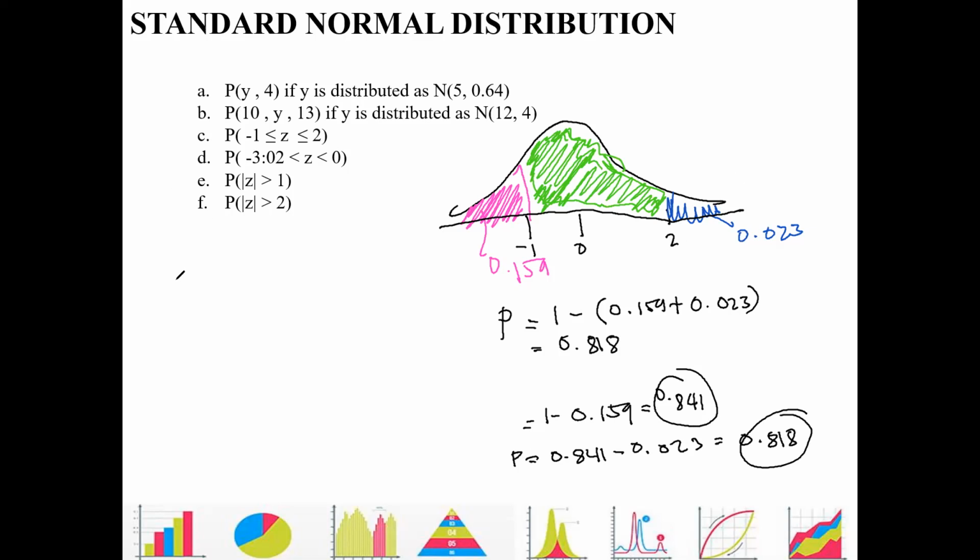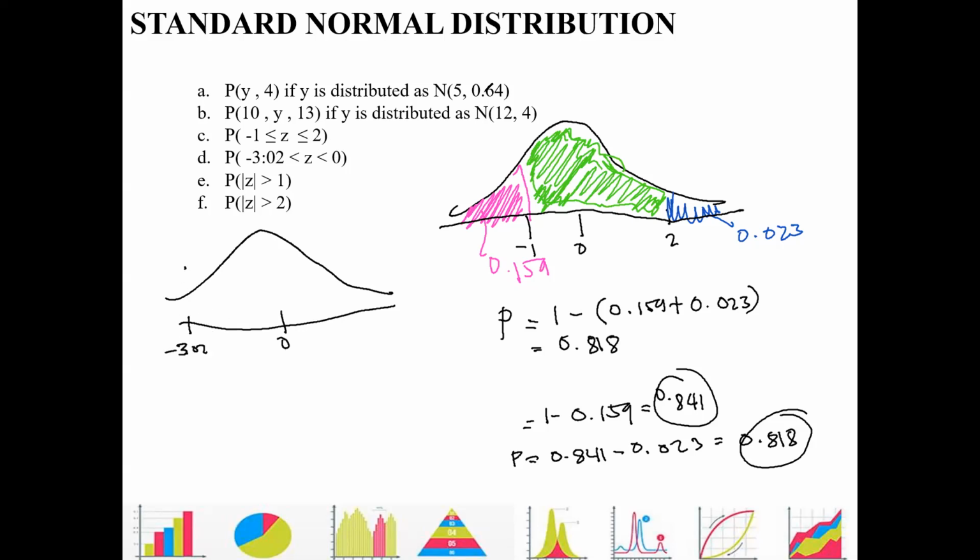Okay, letter D is negative 3.02 to 0. So yung Z natin is greater than negative 3.02 but less than 0. So ano yung tinutukoy naman natin na area? So ito yung 0 natin, maybe dito yung 3.02 na negative.